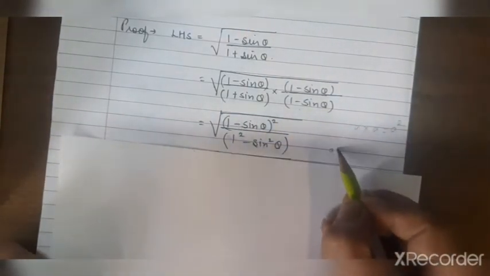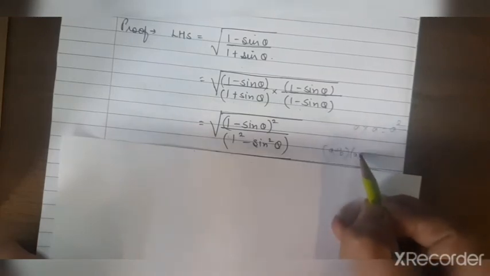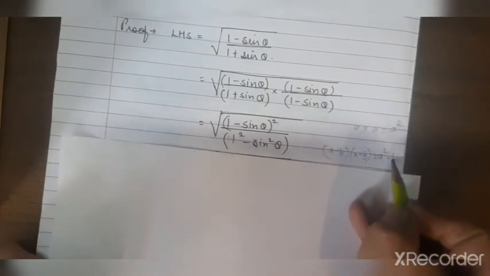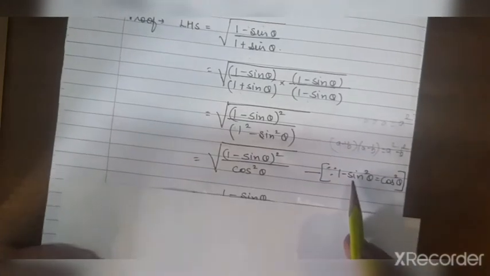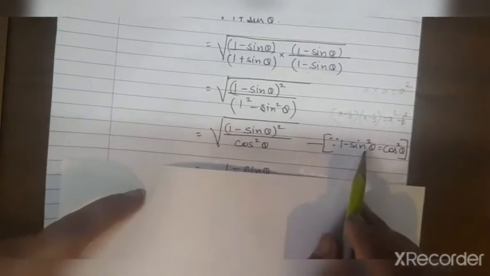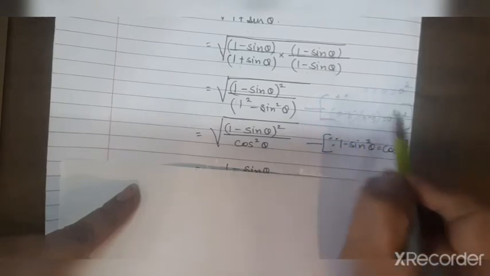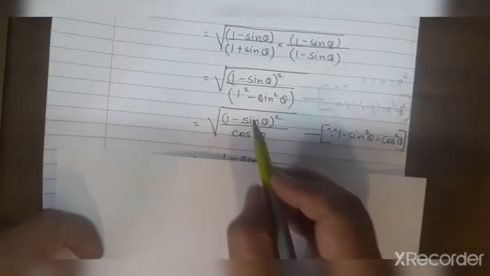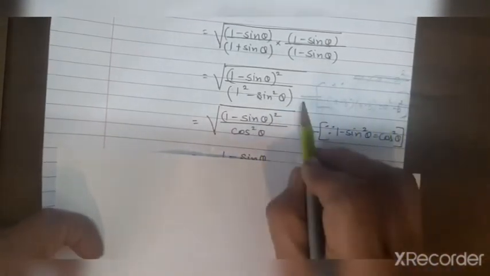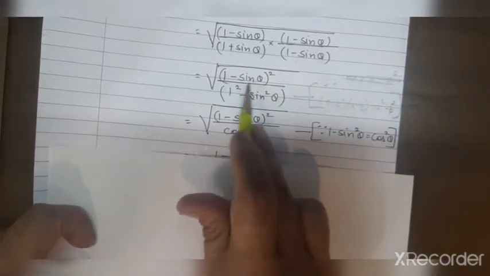This is the identity a plus b and a minus b is a square minus b square, which we have used here. In the reason column you can write this identity. Now we have 1 minus sin square theta.